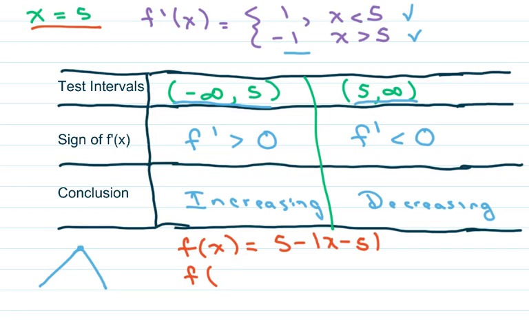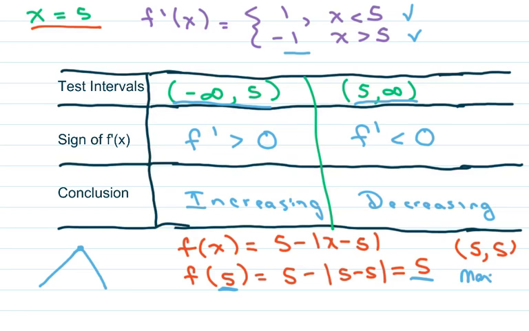So we're going to write 5, and that just equals 5. So our point is (5, 5), and that's going to be a relative maximum, because we first have an increasing, then we have a decreasing.